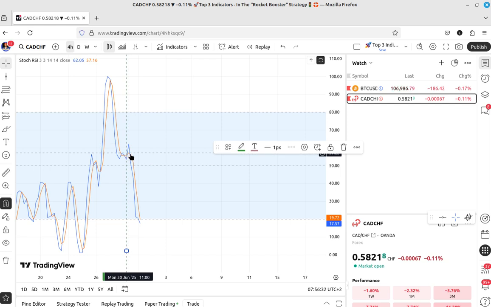This was a chance of a re-entry, and then boom, it came crashing down.